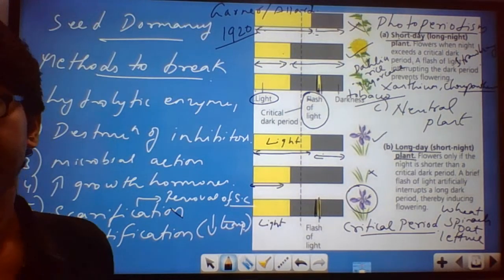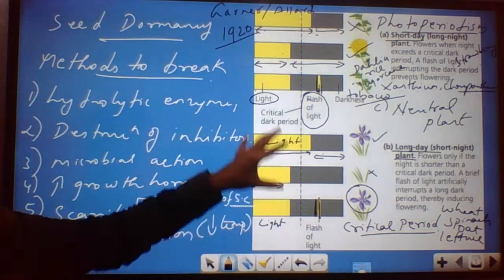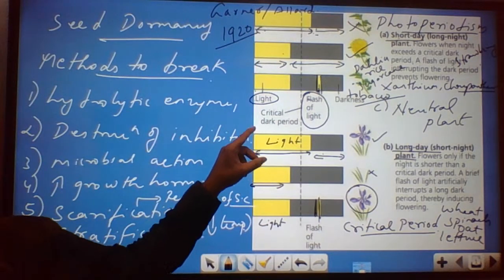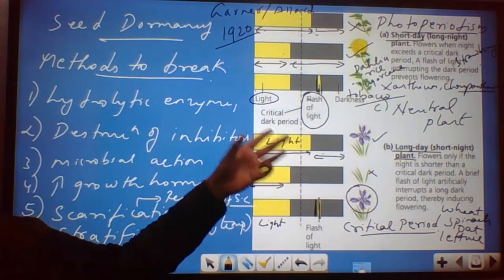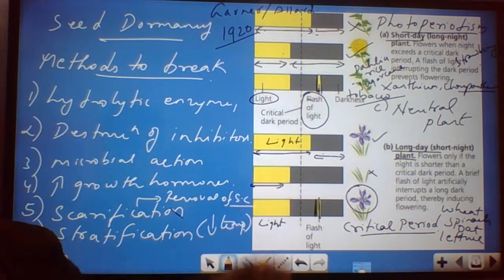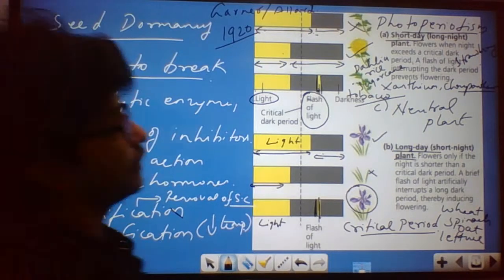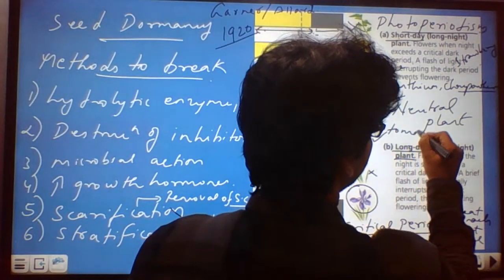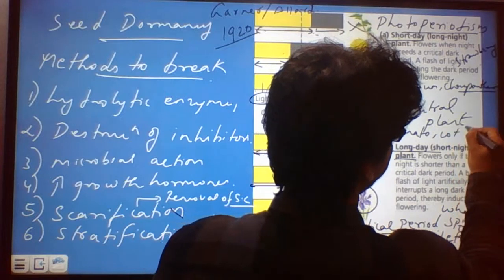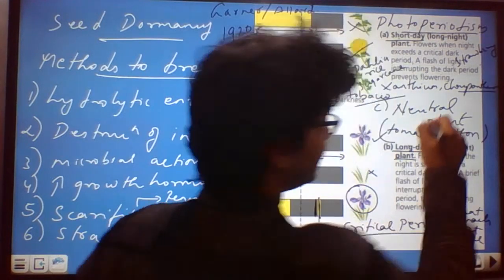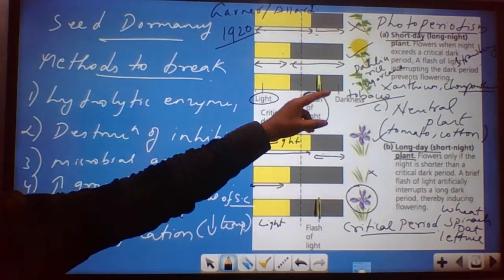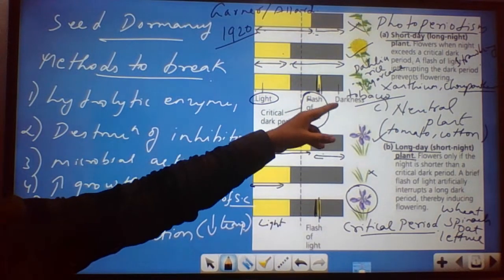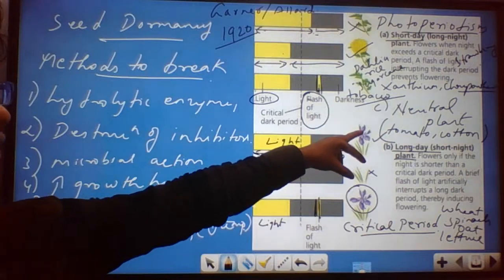Okay, fine. Can someone give an example for the neutral plants? Neutral plants are the plants which flower in all photoperiods. Like tomato, cotton, cucumber, maize, sunflower, right?